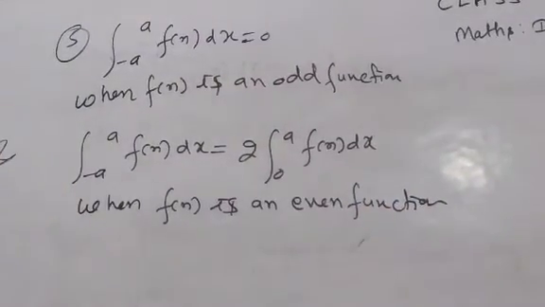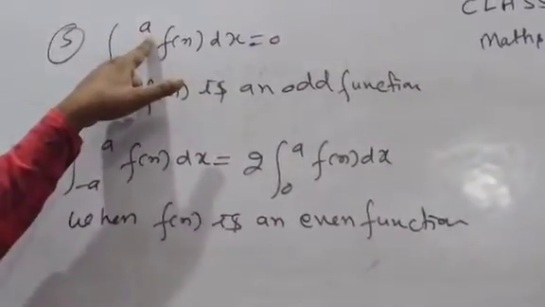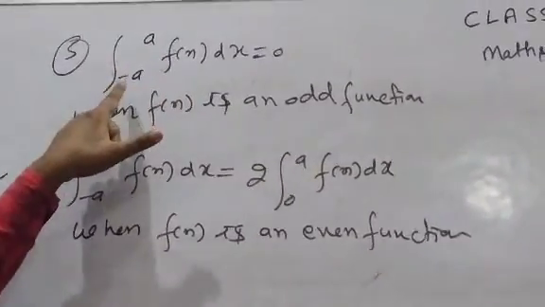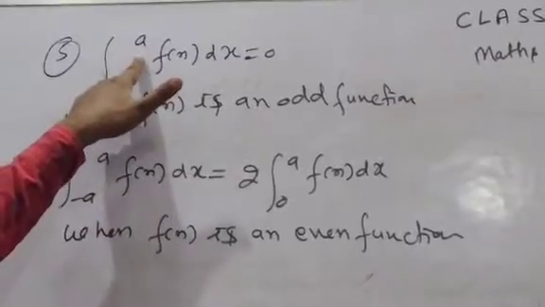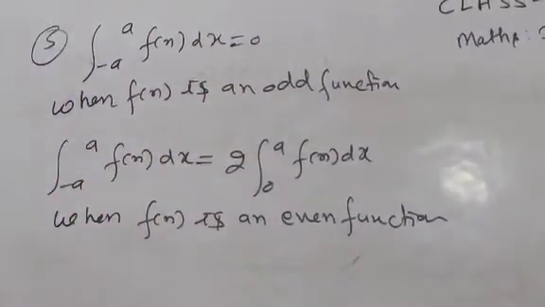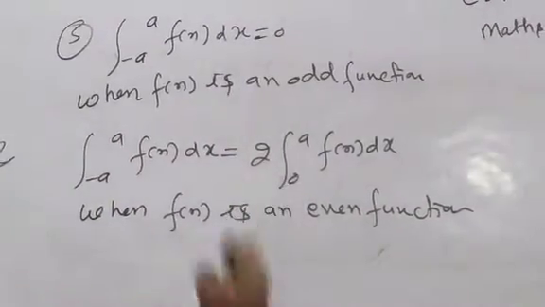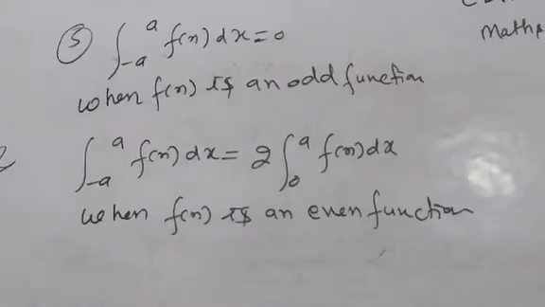Clear? If the limits are the same, a here, but the sign is opposite. Minus a to a f(x) dx is equal to 0 when f(x) is an odd function. Minus a to a f(x) dx is equal to 2 times 0 to a f(x) dx when f(x) is an even function. Clear?